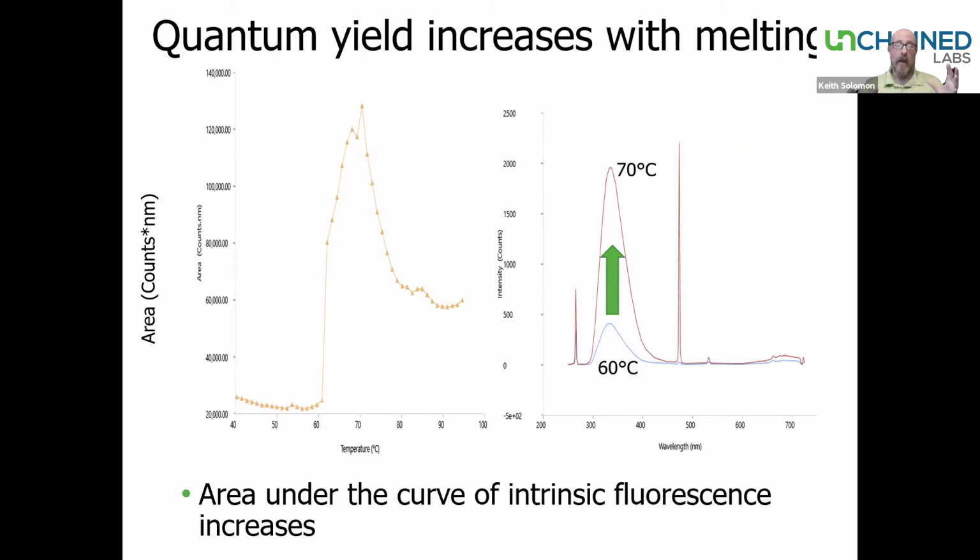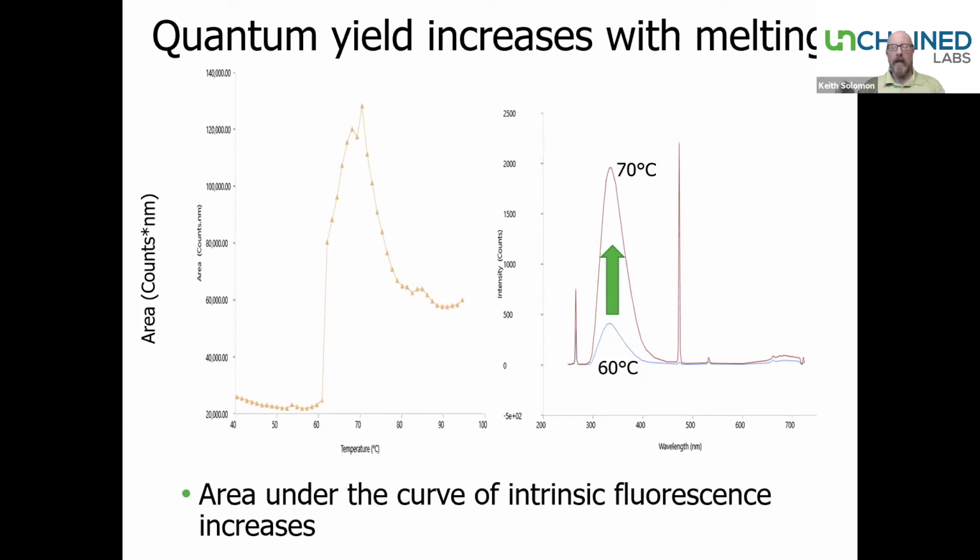Because Uncle allows you to analyze fluorescence using a number of different tools, we can really capture this increase in quantum yield. At around 60 degrees, you can see a huge change, and that's the onset of melting, a huge change in the area, suggesting a dramatic increase in quantum yield as this protein is melting. That suggests a real unquenching phenomenon.